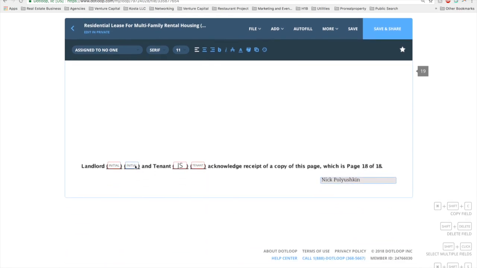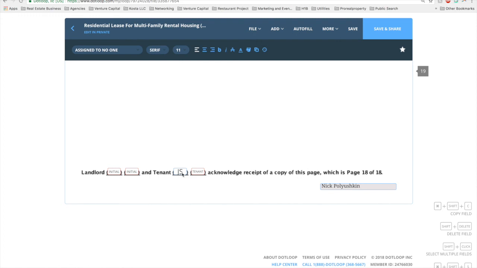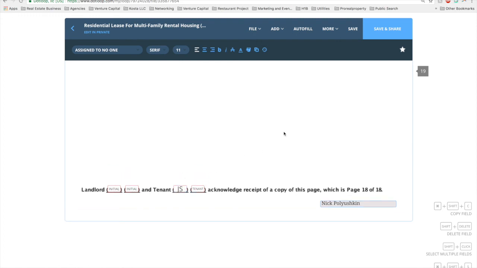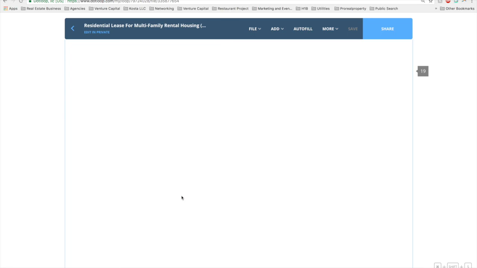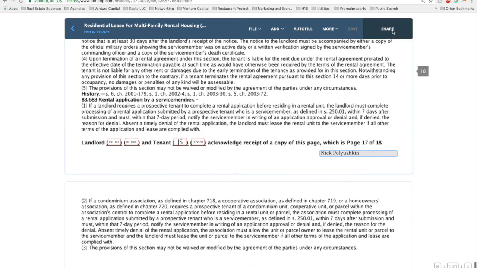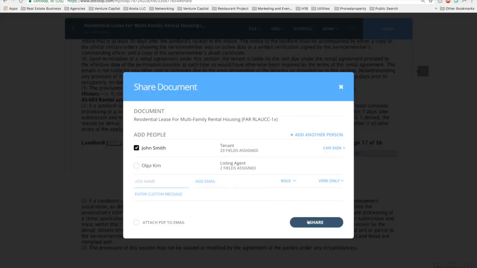Also make sure you have initials on every page. So when you save it, make sure you have the first and last initial already here, and then you can share it with John. Click share.